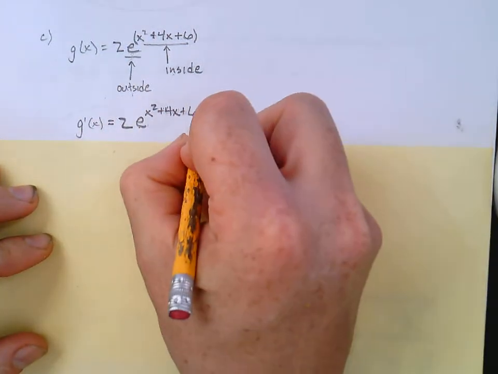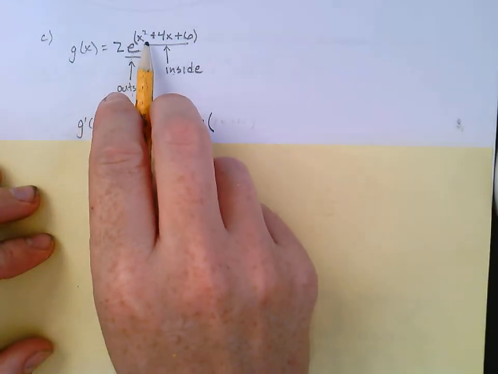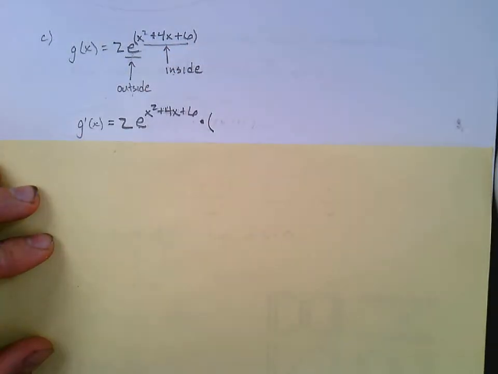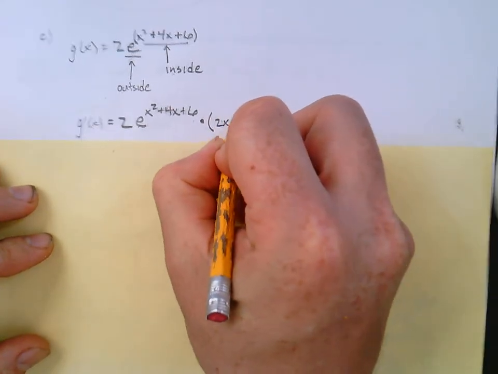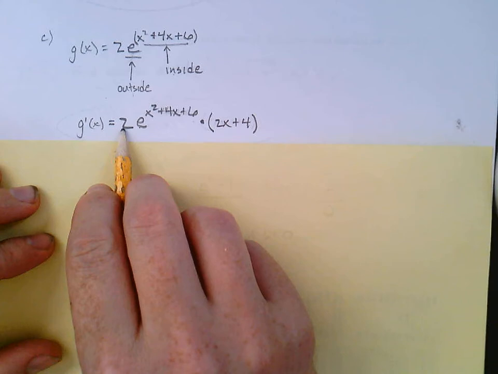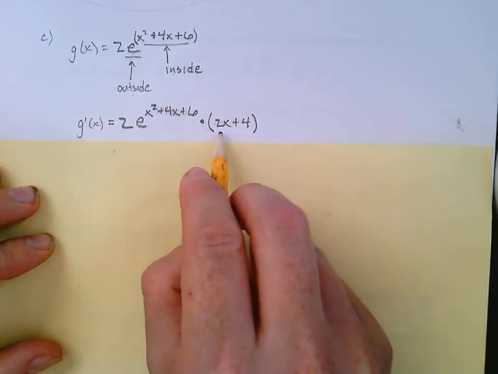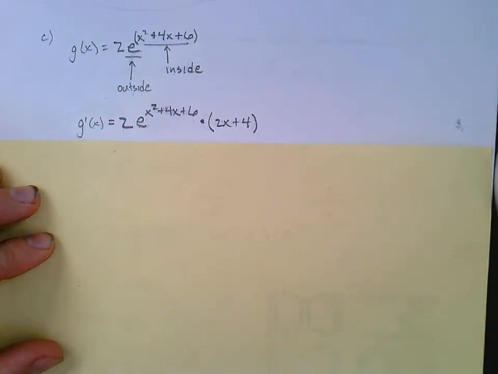Okay, but then we're going to multiply off to the side, and we'll put some parentheses here. Now here's where we take the derivative of our polynomial, and the derivative of that is 2x plus 4. So we've got the constant multiple, then we've got the derivative of the outside times the derivative of the inside.